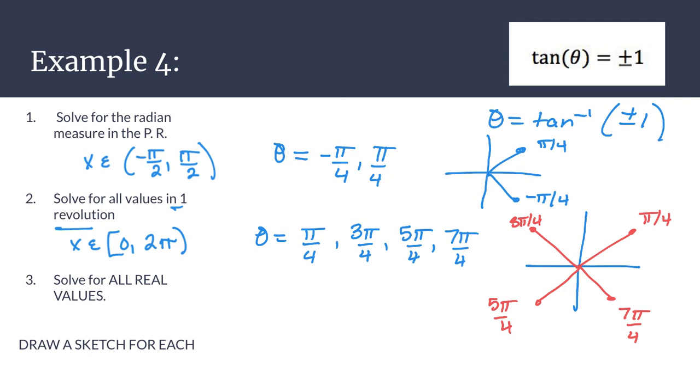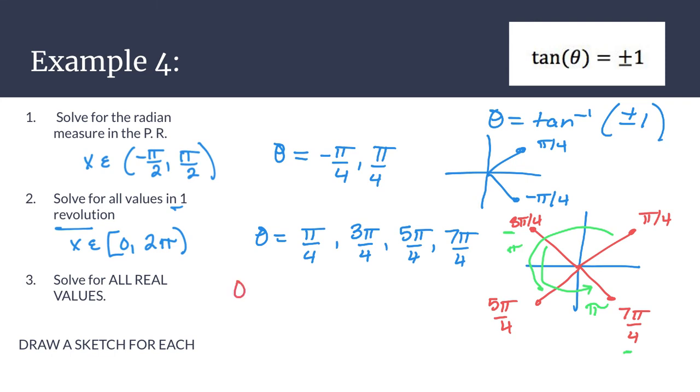Notice 3 pi over 4 and 7 pi over 4 are on the same spike, same spot. They're exactly 180 degrees apart from each other. Notice that pi over 4 and 5 pi over 4, again, are on the same spike. They're exactly 180 degrees apart.